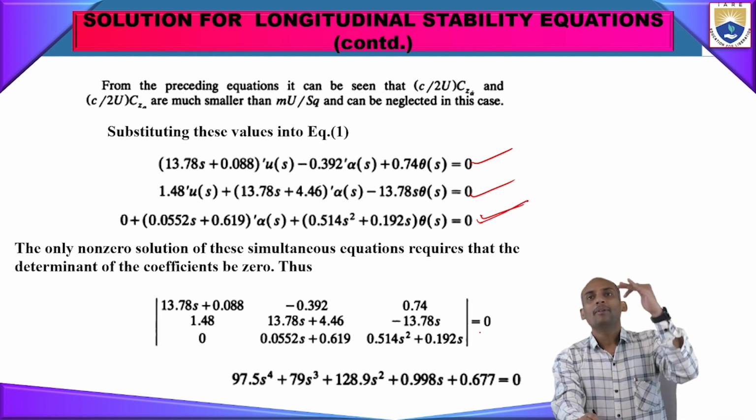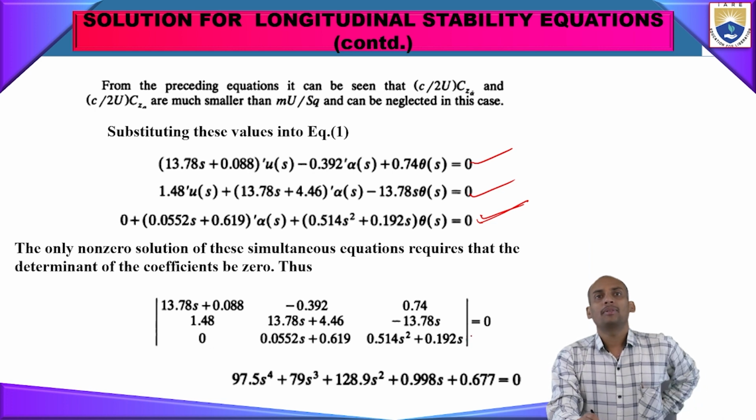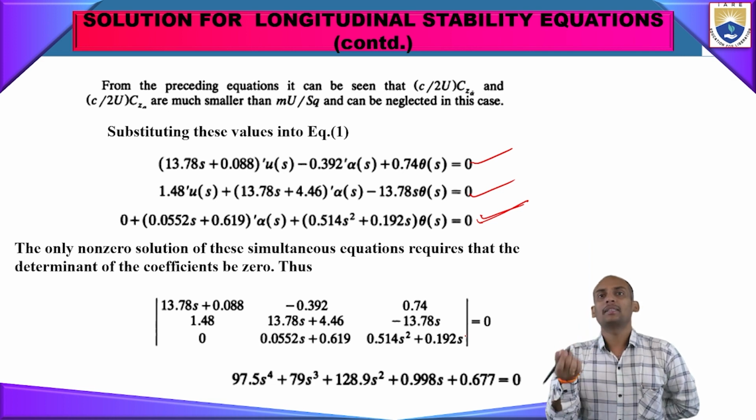So now we got three equations. The solution we will get only by getting the roots for s. If you get the values for s, then only we will get a solution for that equation.